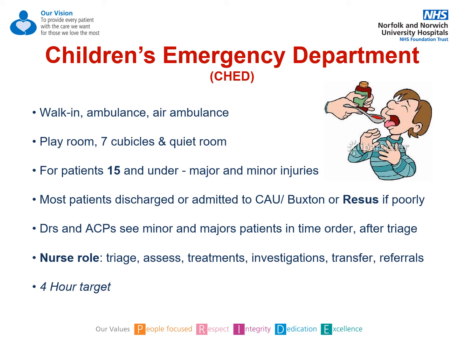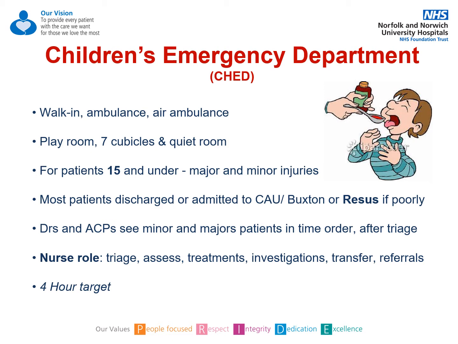But if you're 15 and under, no matter which way you've come in, if you've walked in, come in by ambulance, come in by helicopter, you will go round to CHED, and that's majors and minor injuries. So all the minor injuries get seen. So all those playground injuries or rugby and football injuries, they get sent round to CHED.